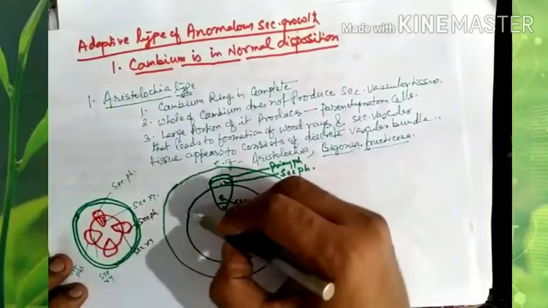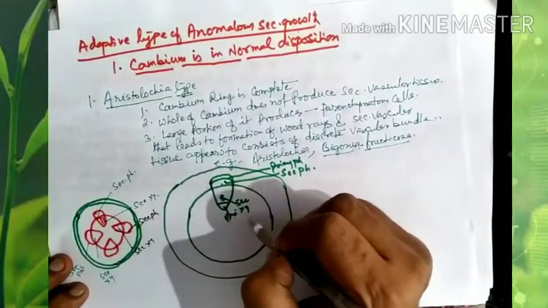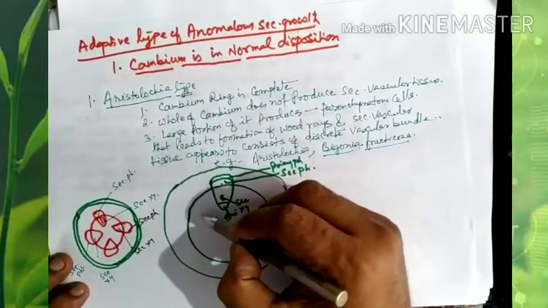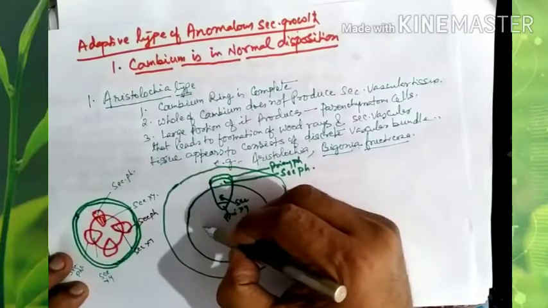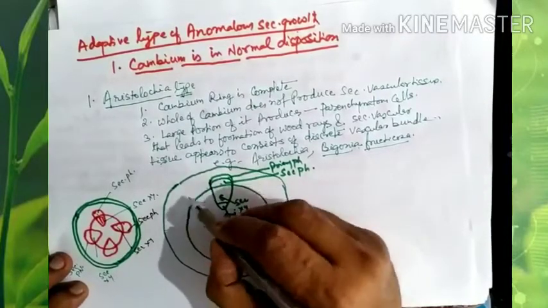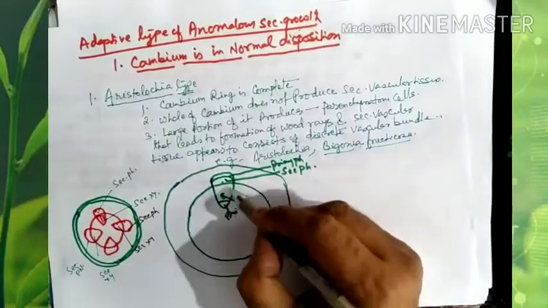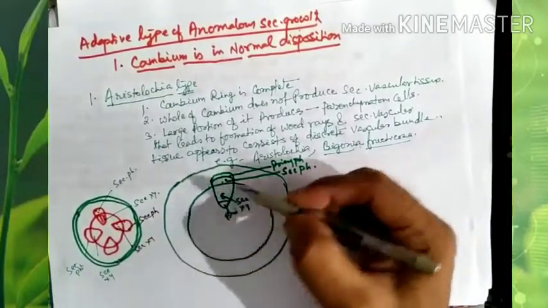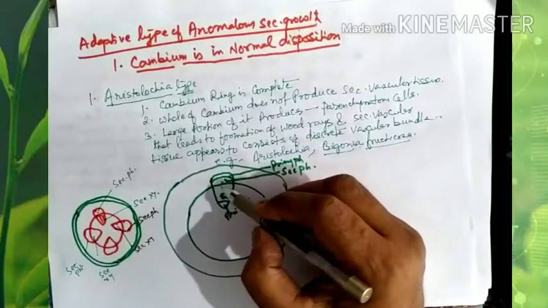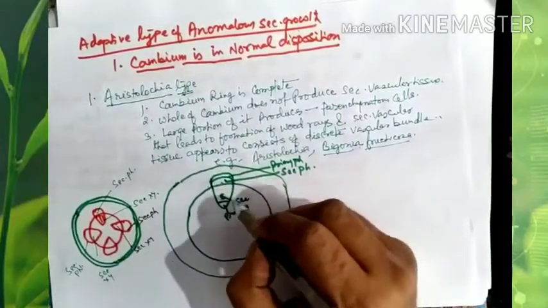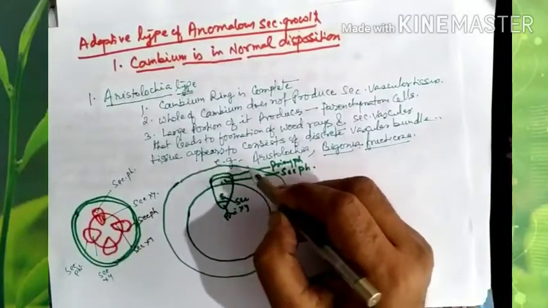The normal pattern is this, that the ring of the cambium, inward in the entire ground tissue, starts to form secondary xylem inward, secondary phloem outward. But here, in the case of Aristolochia, at the point of the vascular bundle only, the secondary xylem is produced and secondary phloem is produced.